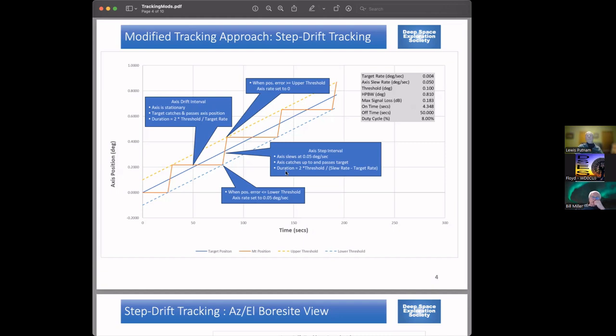And with a 0.05 slew rate, that's roughly 10 times as fast as our actual tracking rates that we mostly need to achieve. So in general, we're going to have a duty cycle of about 10% on and 90% off for the mount, depending on the mount rate.